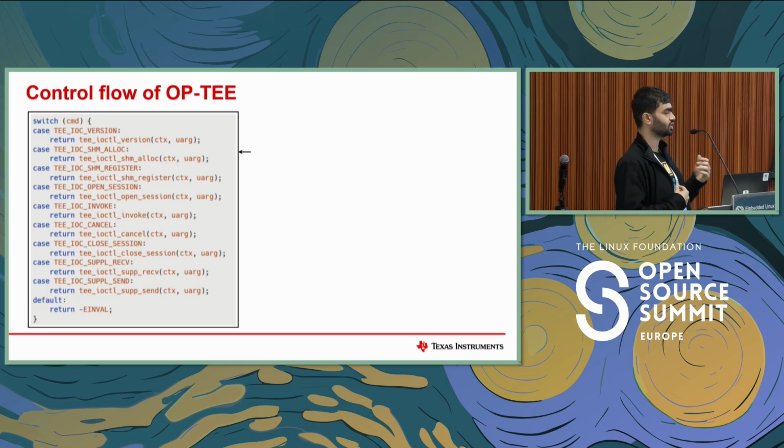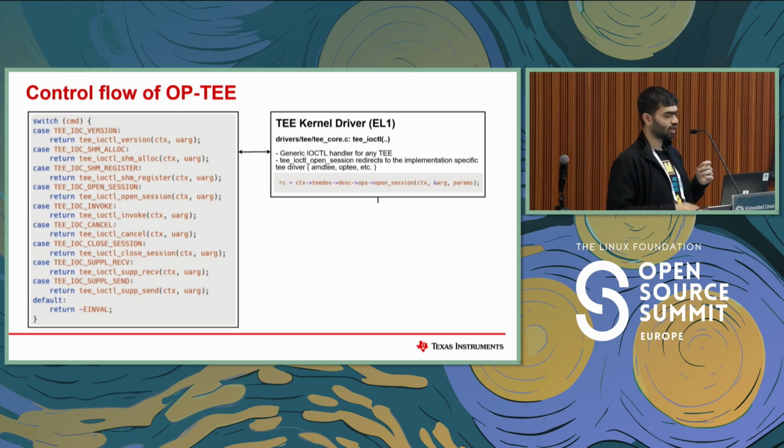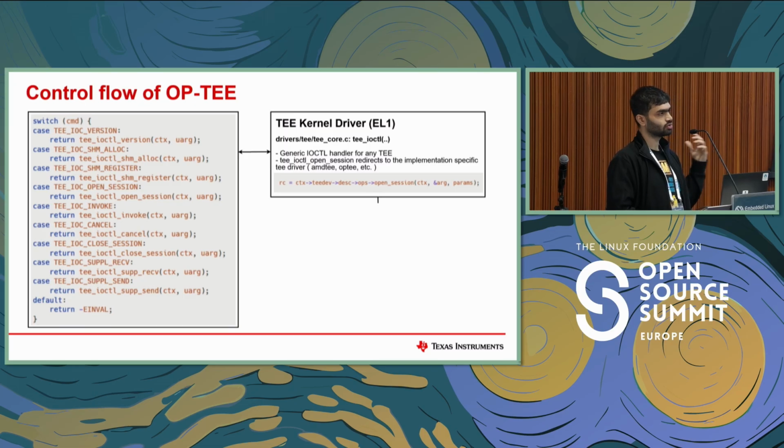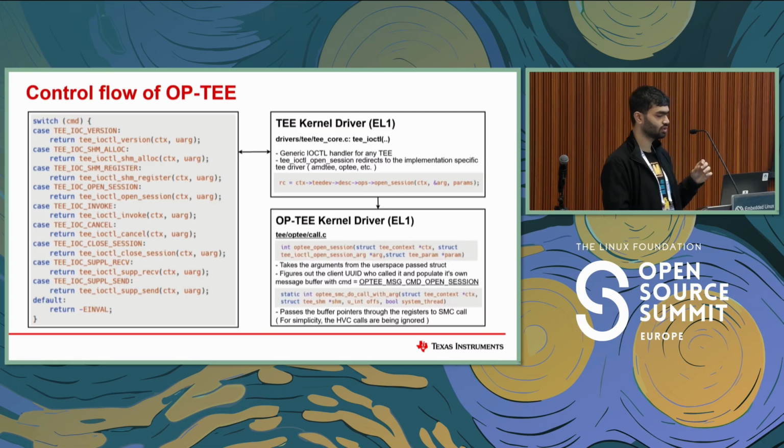Now in the kernel, you see this is the tee ioctl function. You have different handlers here, and one of them is tee open session, which we are currently looking at. This is the TEE generic framework that we have. You can have different types of TEE too, so it goes to the OPTEE or AMD TEE, etc., whatever TEE you can make. Through the framework, we reach the OPTEE TEE driver.